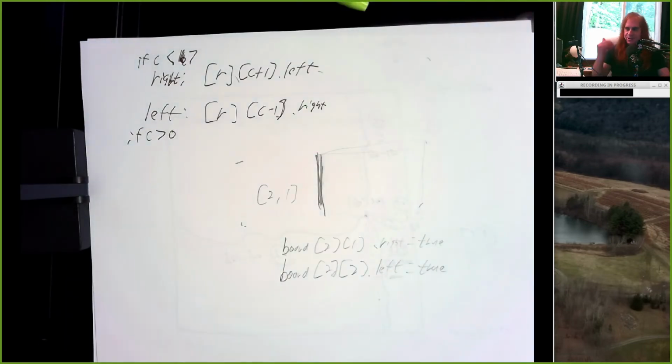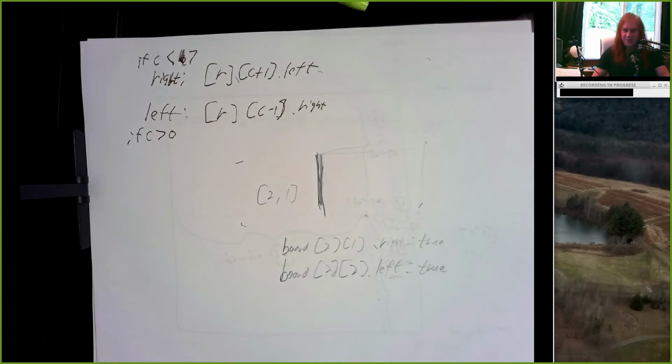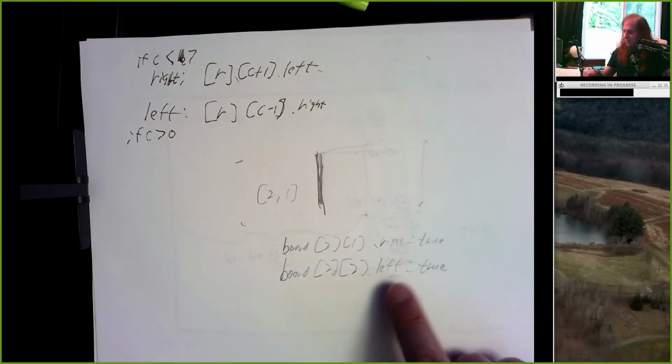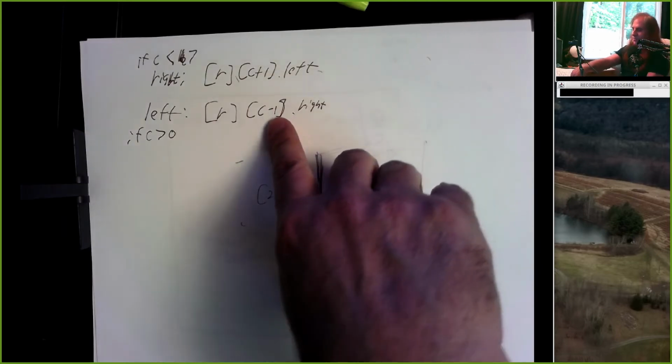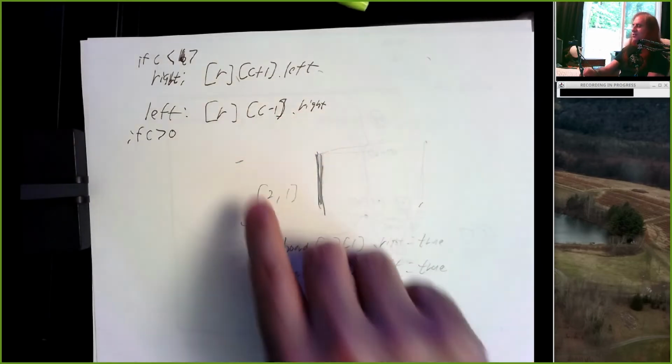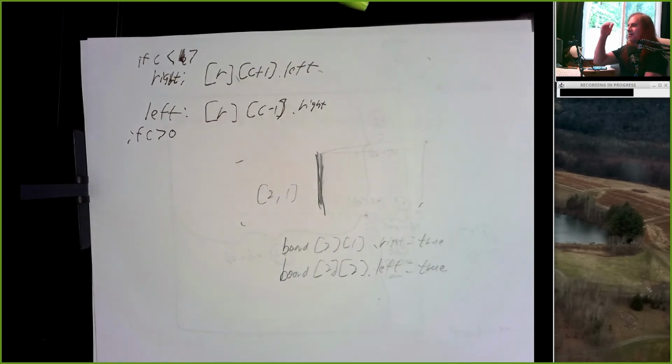So as long as you're doing this everywhere you're supposed to, I'm guaranteed that this thing is false to begin with. So do that left, right, top, and bottom, unless you're at the left edge, the right edge, the top edge, or the bottom edge. And that gives you all of the updates that you need.